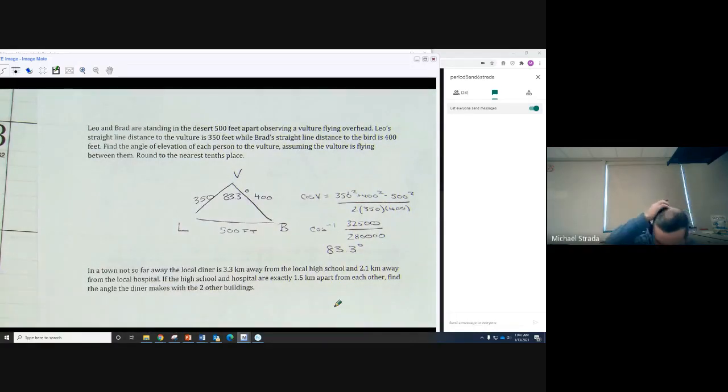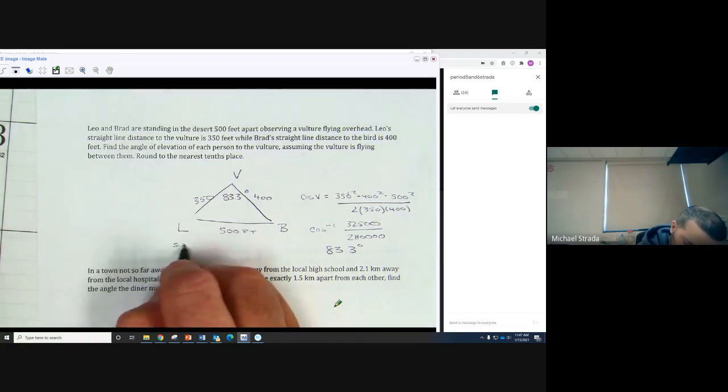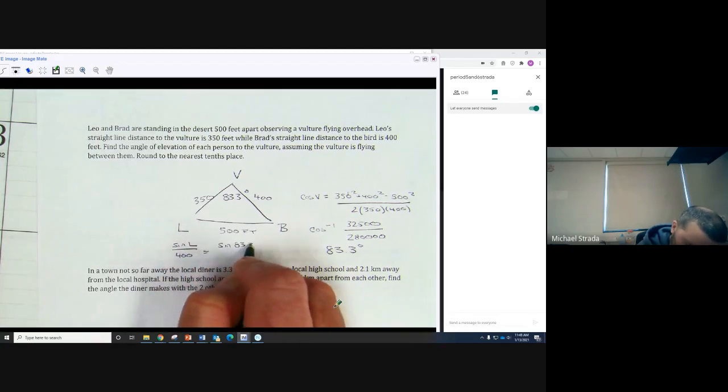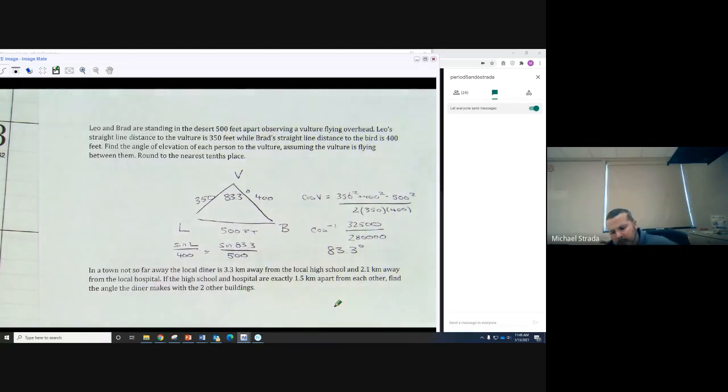Law of sines kicks in. I can get either B or L. It doesn't matter. Sine L over 400 equals the sine of 83.3 over 500. Cross multiply 400 times the sine of 83.3. Divide that by 500 and you get your value of sine.